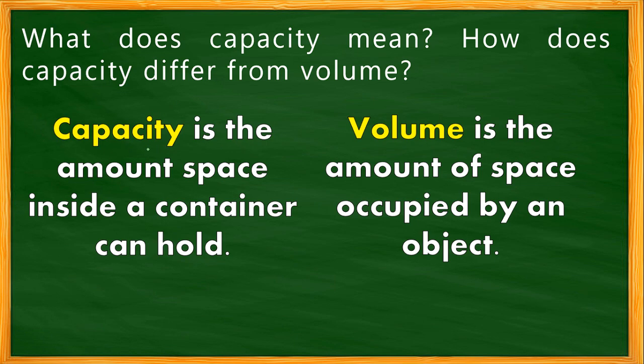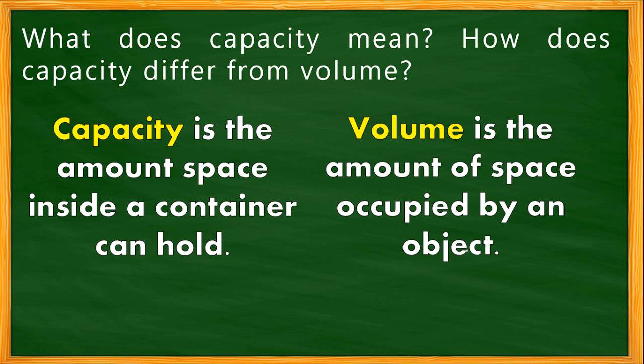So, the capacity is the amount of space inside the container can hold. Again, this should be the amount of space inside the container can hold. And then the volume is the amount of space occupied by an object.